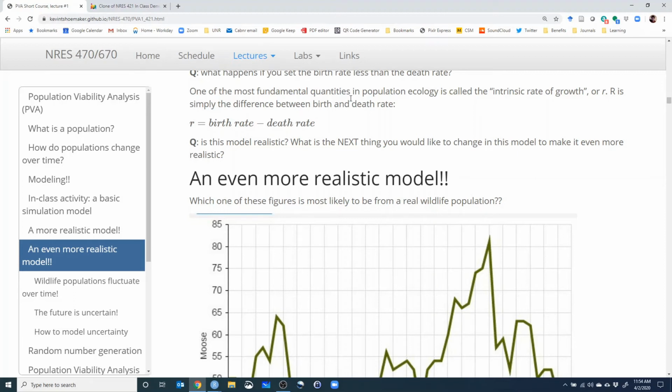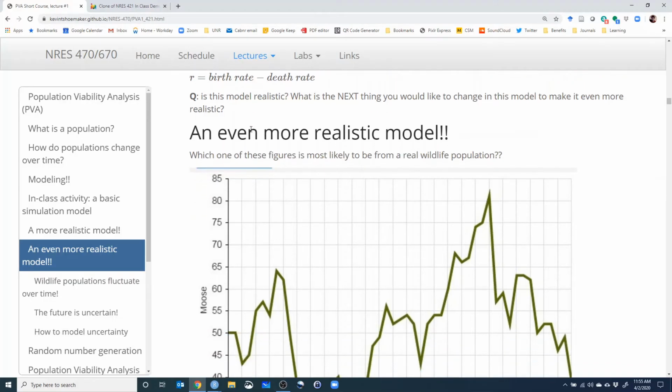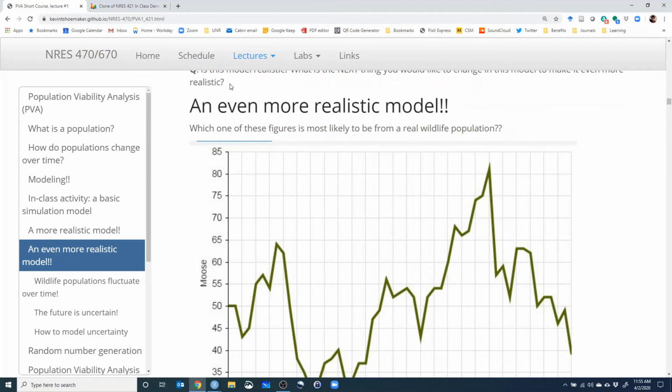There are a lot of other elements that could make this model more realistic. You might want to think of a real population that you're interested in. What other factors might come into play here besides just per capita birth rate and per capita death rate? There's a lot of correct answers there.